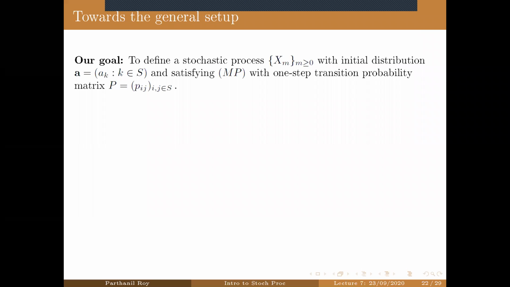So our goal is to define a stochastic process X_n, a discrete parameter stochastic process, indexed by non-negative integers, with initial distribution a and satisfying the Markov property, that is, the time homogeneous Markov property, with one-step transition probability matrix P.